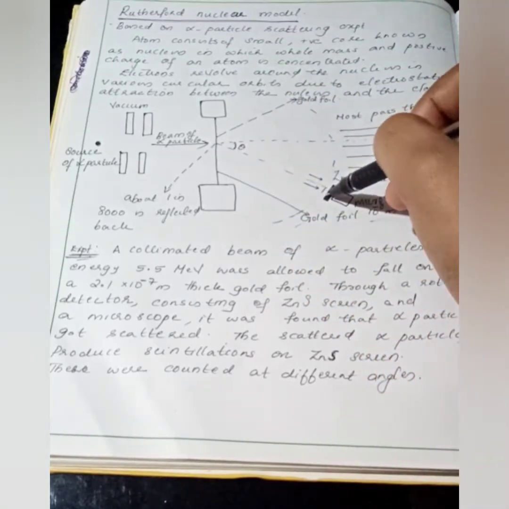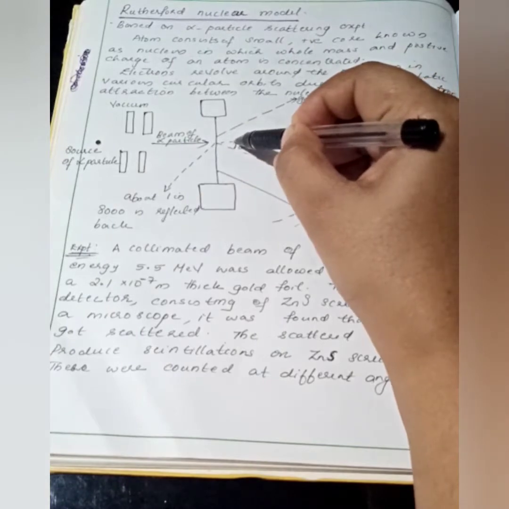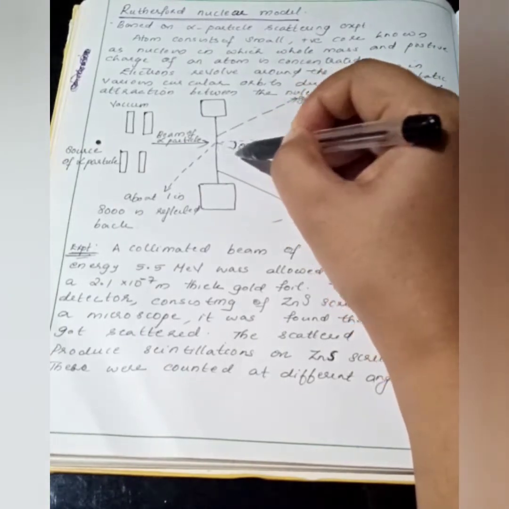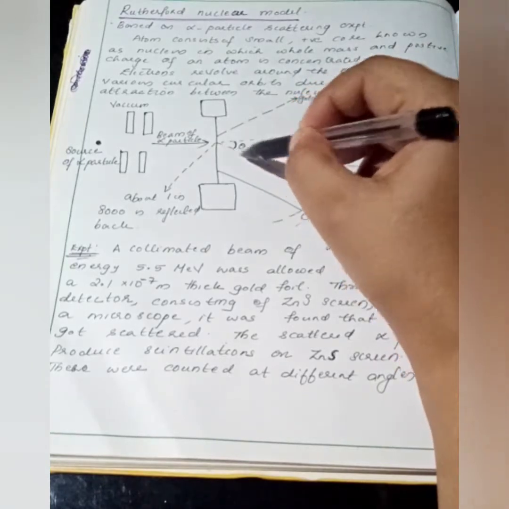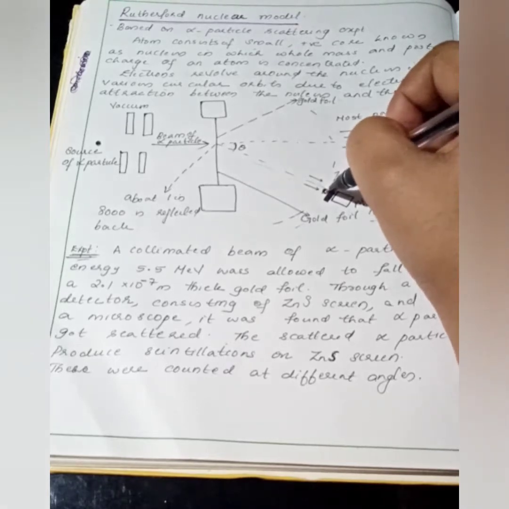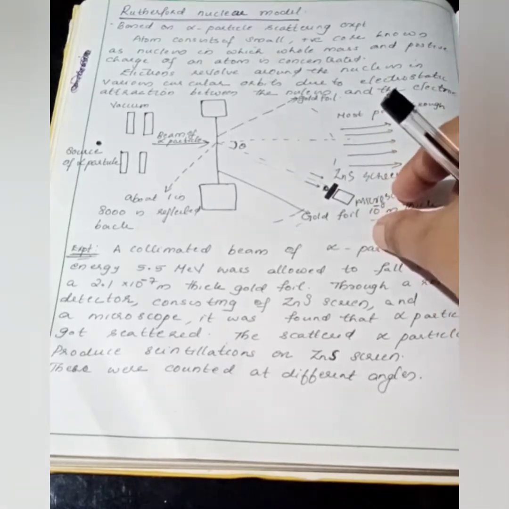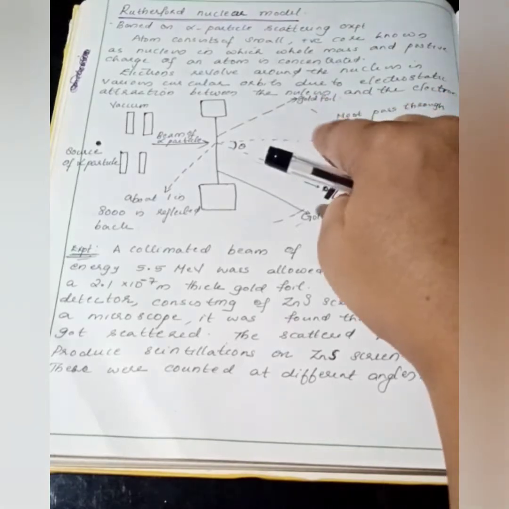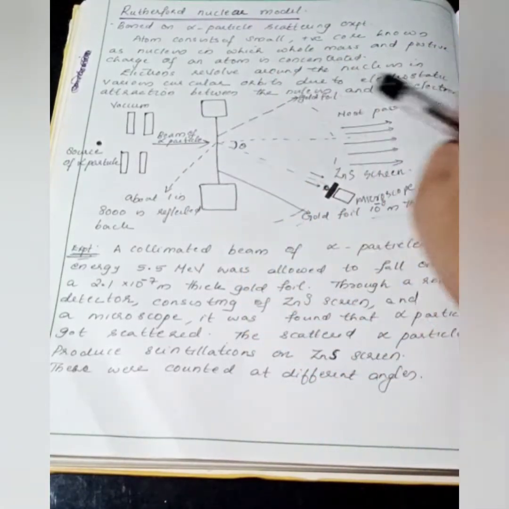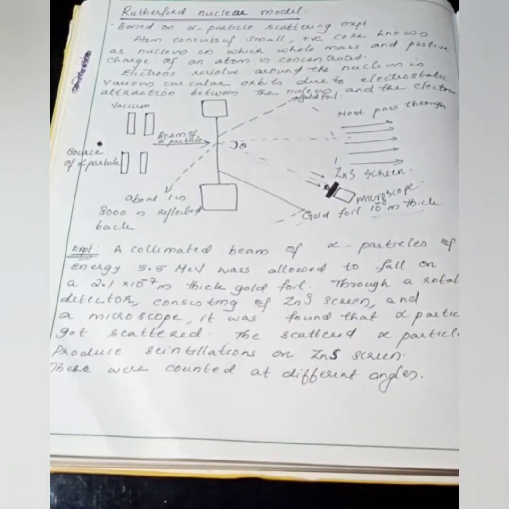If a spark happens here, it means the alpha particle is deflected by an angle theta, making a scintillation. Using this detector arrangement, Rutherford was able to measure the scattering angle.